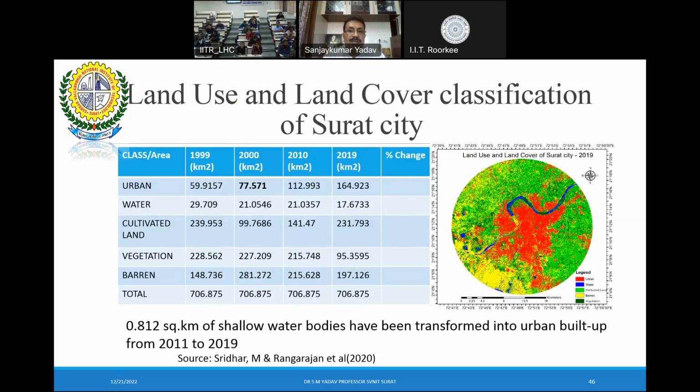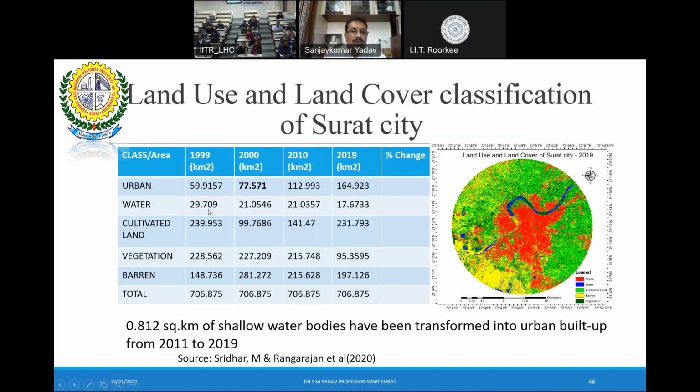The land use land cover pattern of the city of Surat, studied by Sridhar M and Rangarajan from 1999 to 2019, shows that urban area has increased by more than 175%. In 1999 the urban area was 59.9157, while in 2019 it has gone to 164.